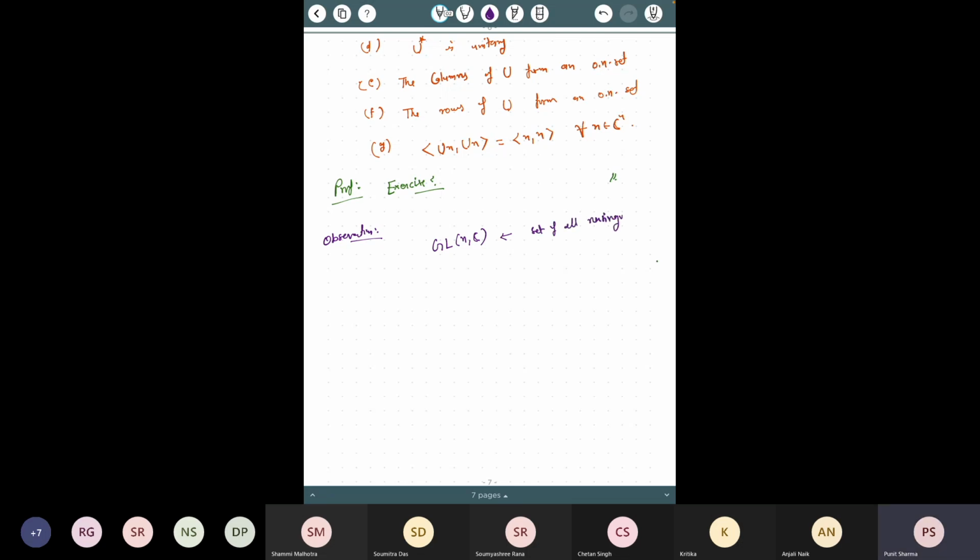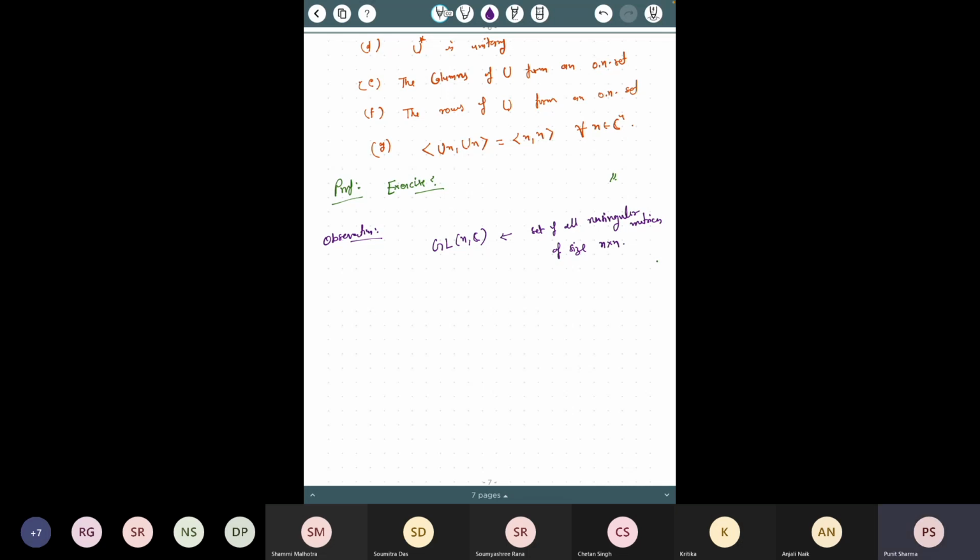This is the standard notation for this set, GL_n(C), the general linear group. This set forms a group: the group of all non-singular matrices of size n cross n under multiplication.